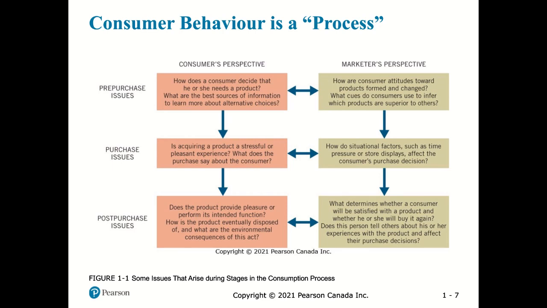Marketers have produced these kinds of products in the market, and competitive products are also there. How, why, and what are the different criteria by which the consumer is saying this product is better than the other product? Why is this better than the other product? Marketers want to know about it.